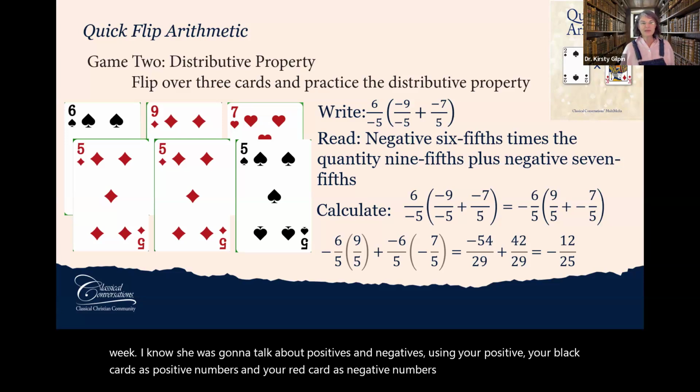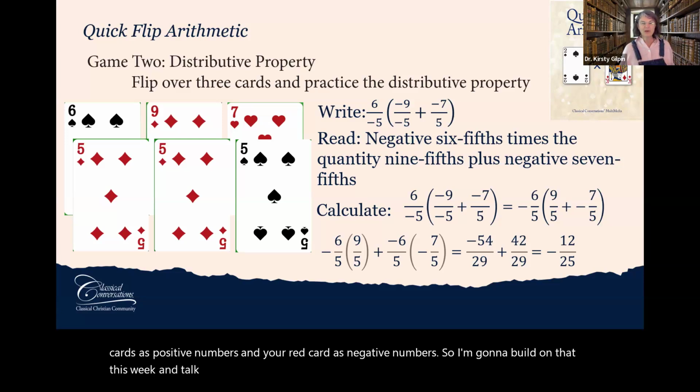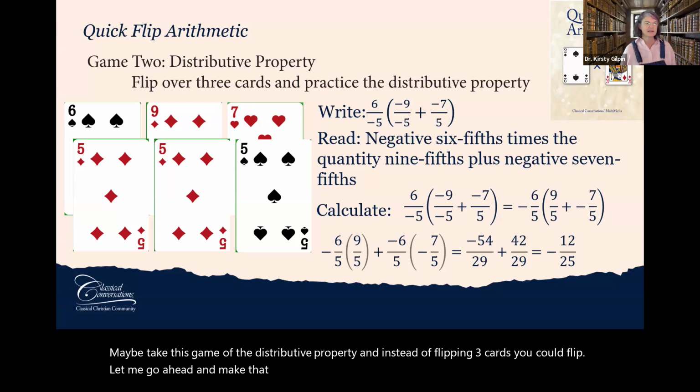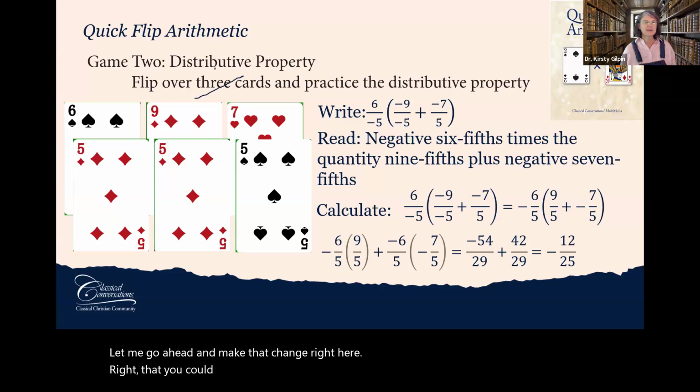So I'm going to build on that this week and talk about how you could maybe take this game of the distributive property, and instead of flipping 3 cards, you could flip, let me go ahead and make that change right here, all right, that you could actually flip 6 cards over and practice it with fractions, right?